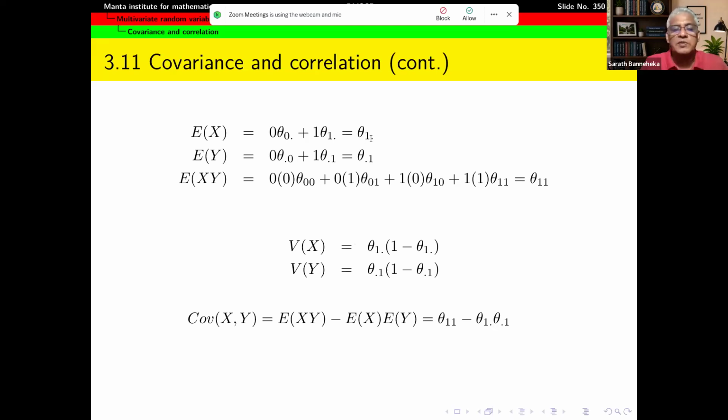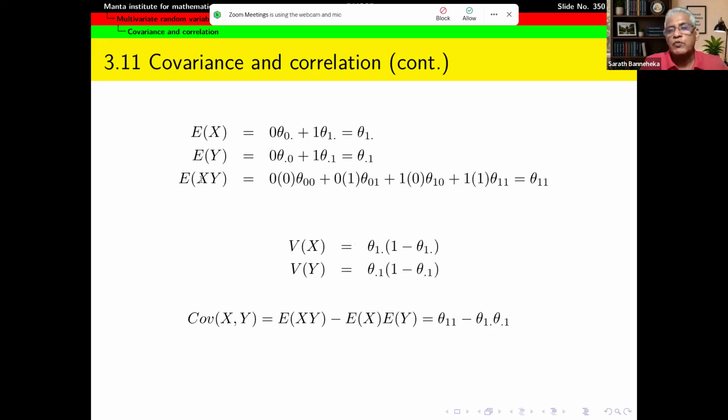Then you get this same expression. And similarly, y is Bernoulli with probability of success equal to theta dot 1, so the expected value of y should be equal to this. You can prove it using the first principle definition of the expected value also like this.